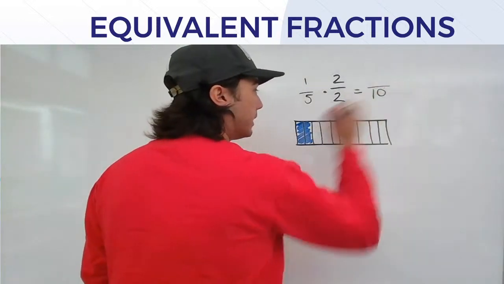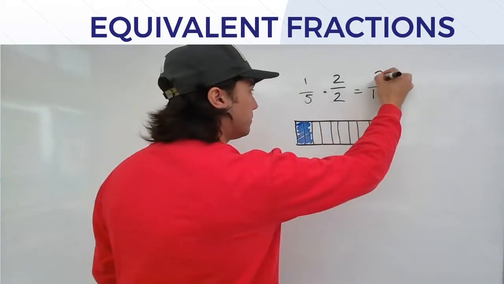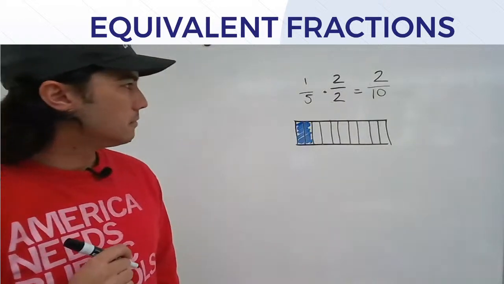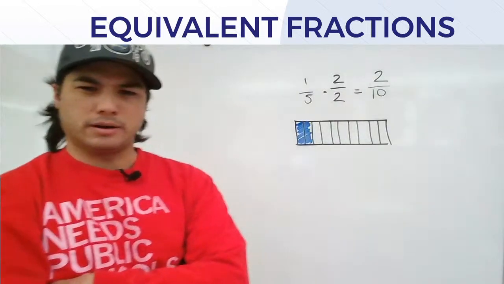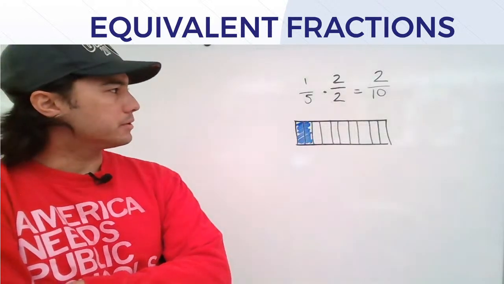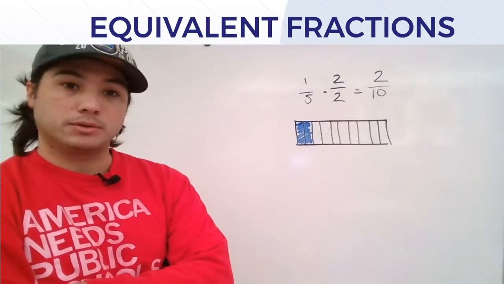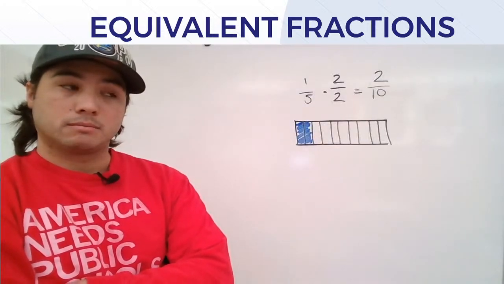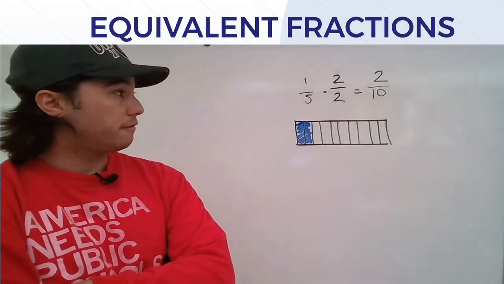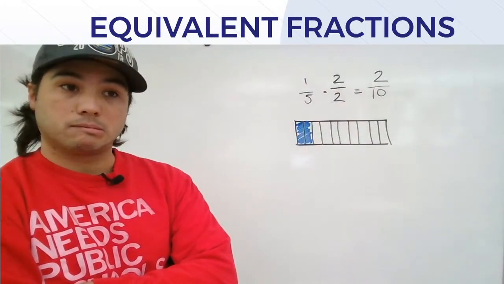So there's our denominator. And then how many pieces are shaded in? 2. Do you notice anything about our numbers here? Take a look at the numerators. 1 times 2 equals 2. Now take a look at the denominators. 5 times 2 equals 10.